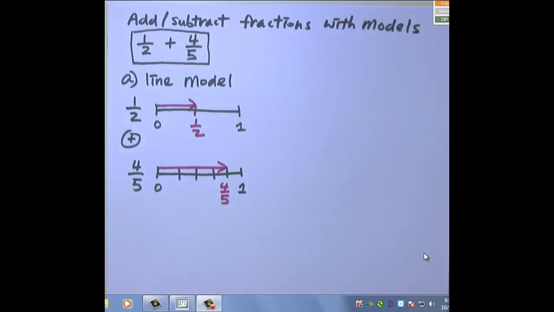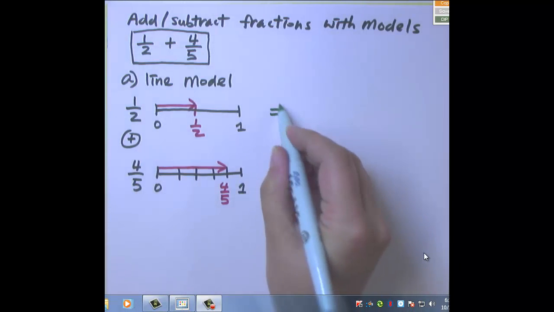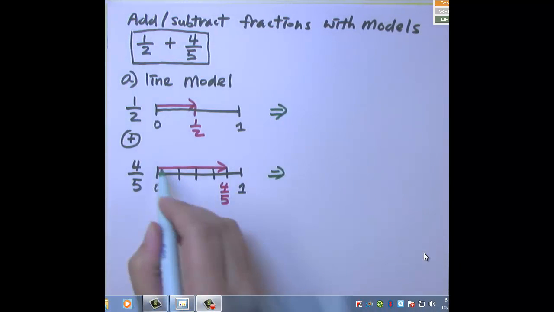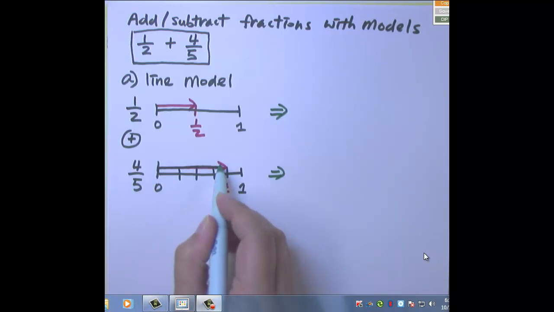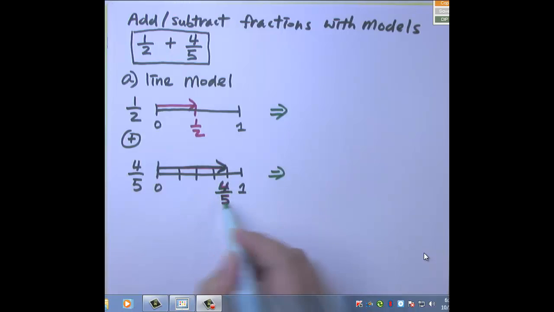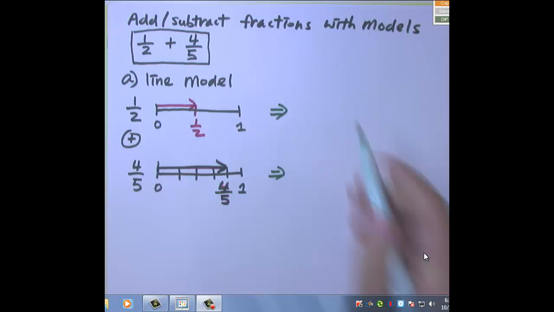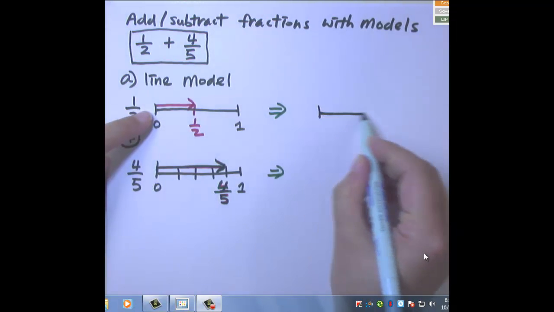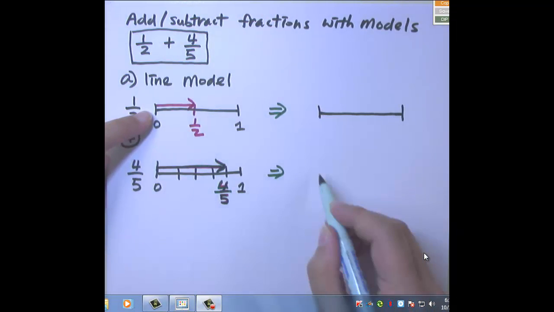So after we draw the questions, we are going to need to show the equivalent fractions. And we can start by doing exactly what we did with the first part. So we are redrawing this. First, we are going to draw 1/2. Again, your 0 to 1 should be about the same length each time.